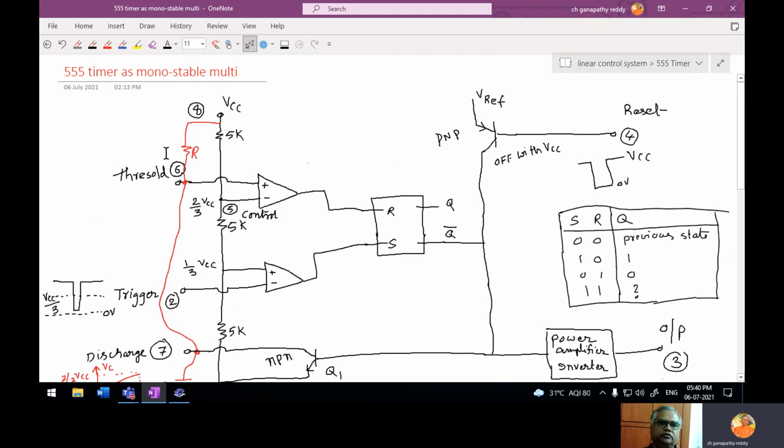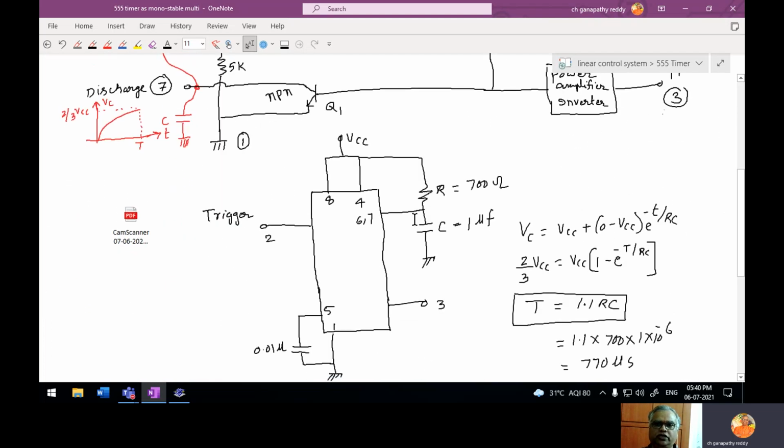So this is the circuit, 555 timer as monostable multivibrator. This is actually an IC pin diagram. So this is pin number 1, pin number 2, pin number 3, pin number 4, then 5, 6, 7. 1 is connected to ground.